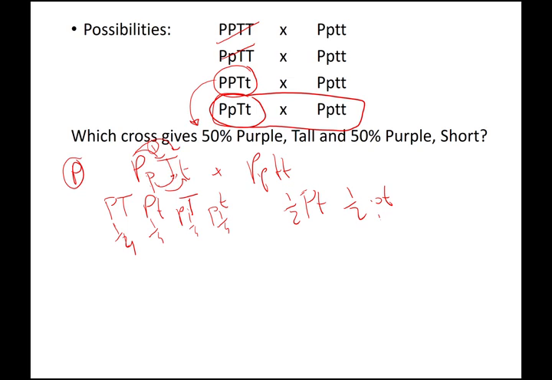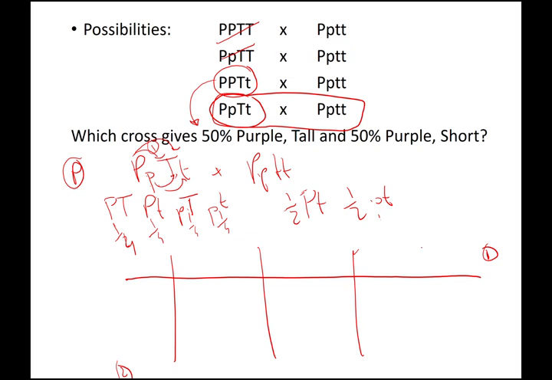So let's test this with a Punnett square. In this case now, for convenience, for space, I'm going to put the gametes from plant number 1 on this side, and plant number 2 on this side, just for space. You can put them whichever way you want. So 1, 2, 3, and 4 there.